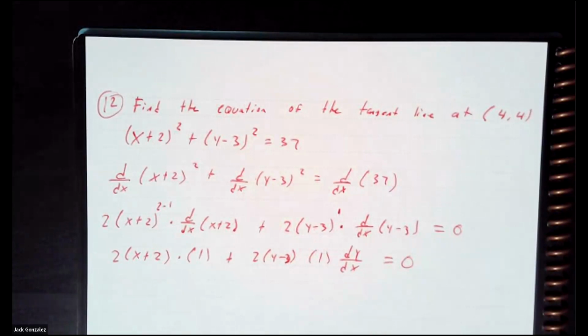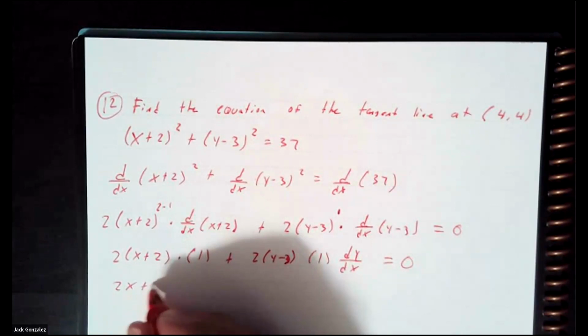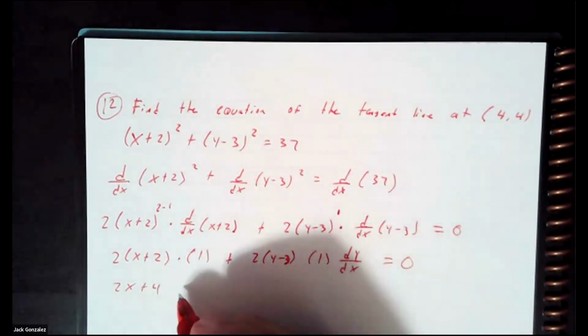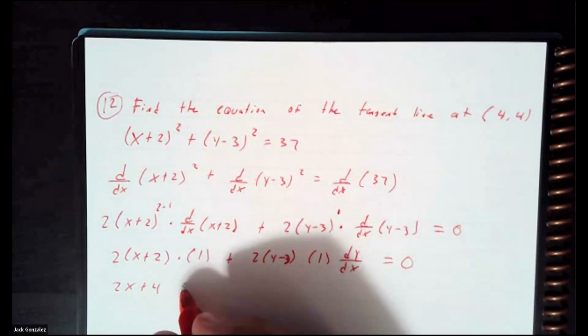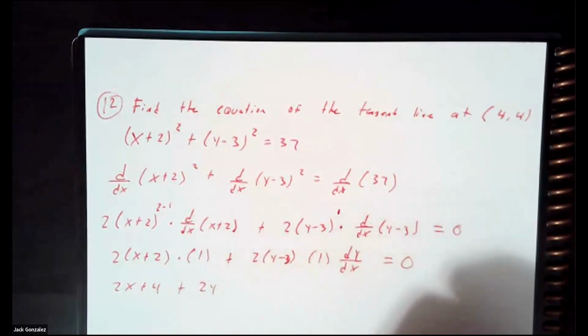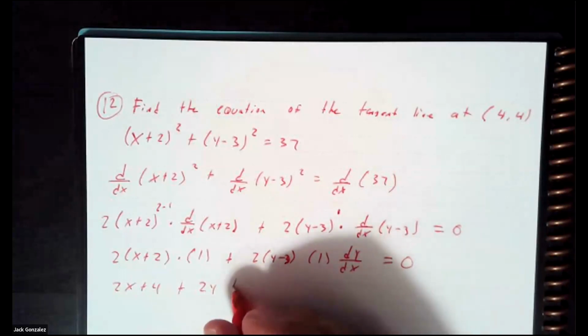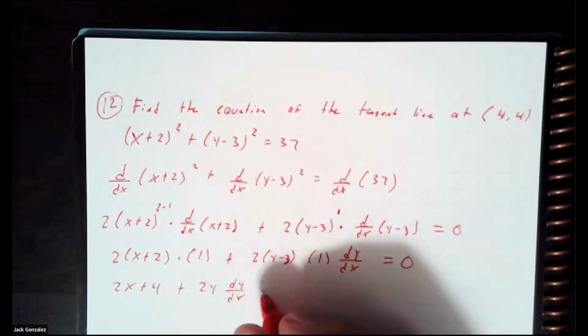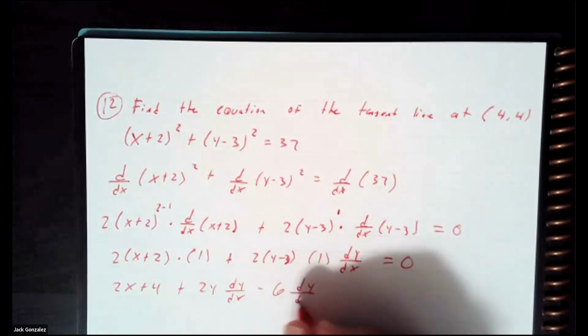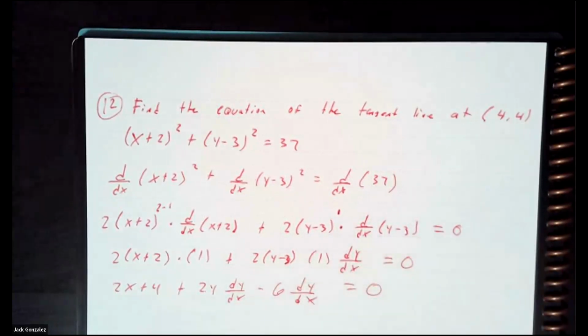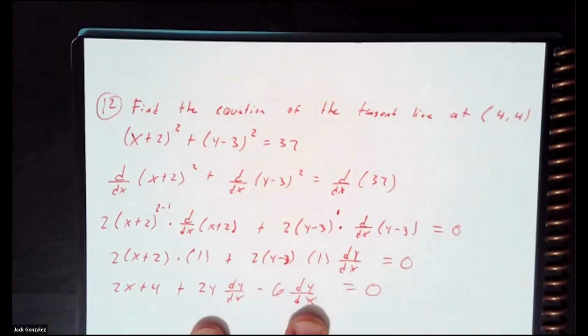Okay. So now distribute, we'll have 2x plus 4 plus 2y dy/dx minus 6 dy/dx, right? So isolate these dy/dx terms, and then we'll be mostly done.